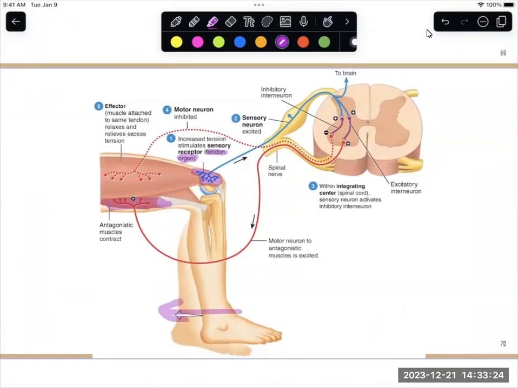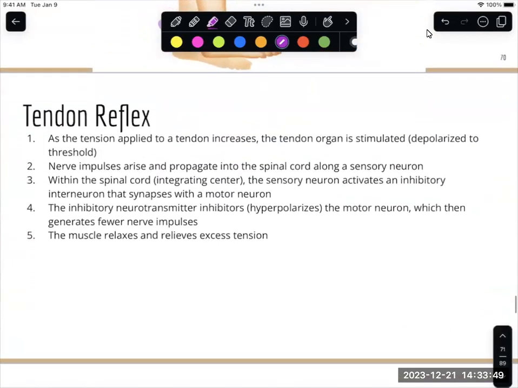So we're monitoring that stretch when that foot kicks backwards. That tendon organ is monitoring the length of that and tension on that tendon, just like those muscle spindles are also monitoring the stretch on that muscle. And this information always needs to go to the brain so you're aware of what is happening.